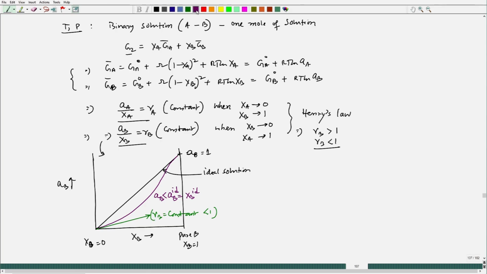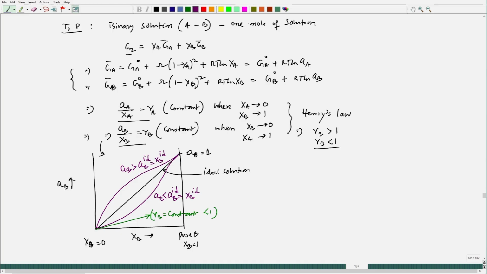Similarly, I can have a plot for a situation when AB for the non-ideal case is more than AB, the activity of B, in case of ideal. So, we can have a plot like this. In this case AB is more than AB ideal, which is nothing but XB ideal.